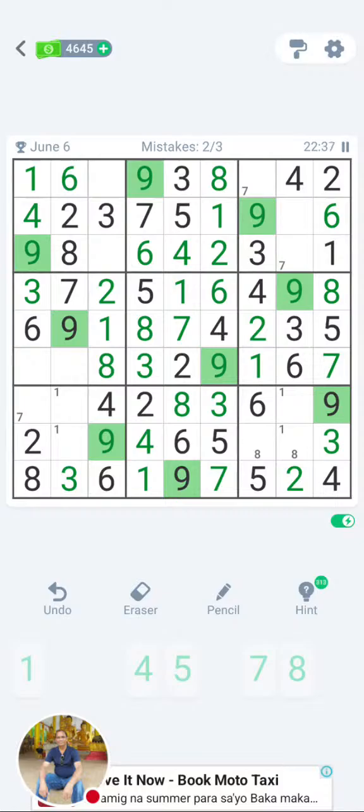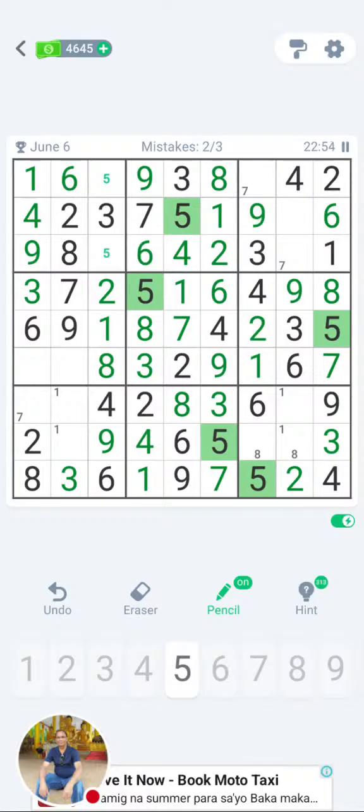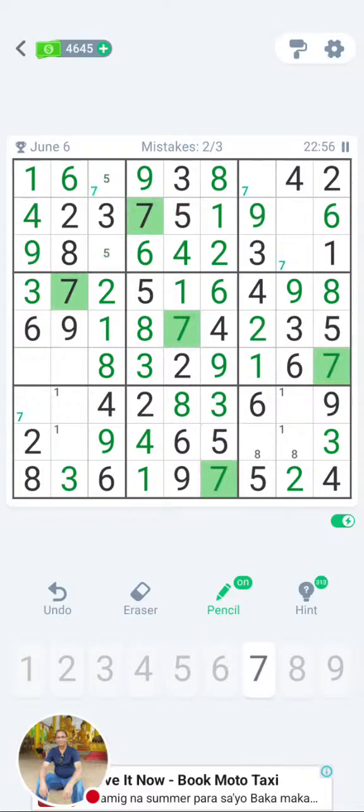So if I look at the top row, it doesn't have 5 or 7. If I look at the third row, there is no 5 or 7. So I look at the vertical column and there is no 5 or 7. So I have to fill in there 5 or 7. So 5 or 7 has to come here. 5 and 7 has to come there.